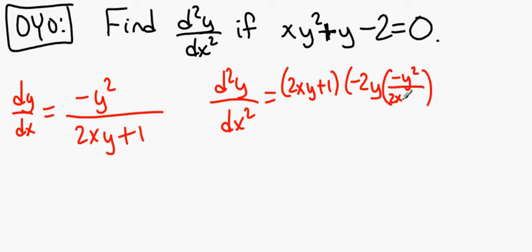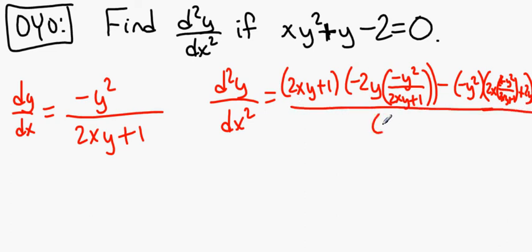This is dy/dx. Minus numerator times derivative of the denominator, and that's 2x dy/dx, all over 2xy plus 1 squared, plus 2y.